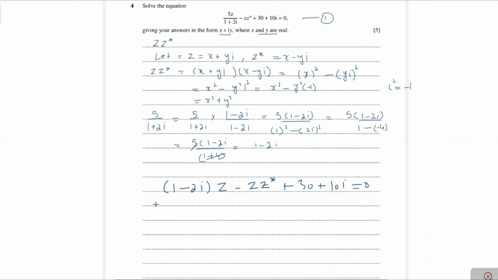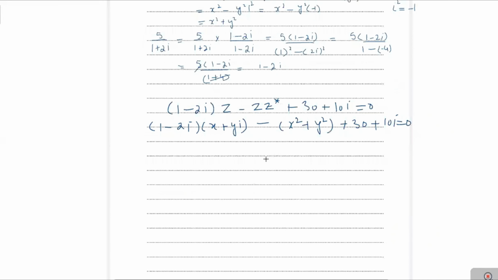You know z value is equal to x plus yi and z into z star is equal to x square plus y square plus 30 plus 10i equal to 0.